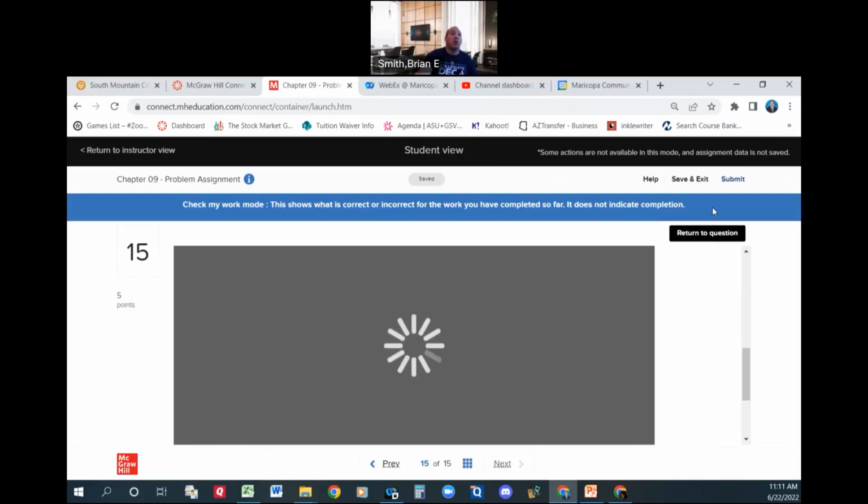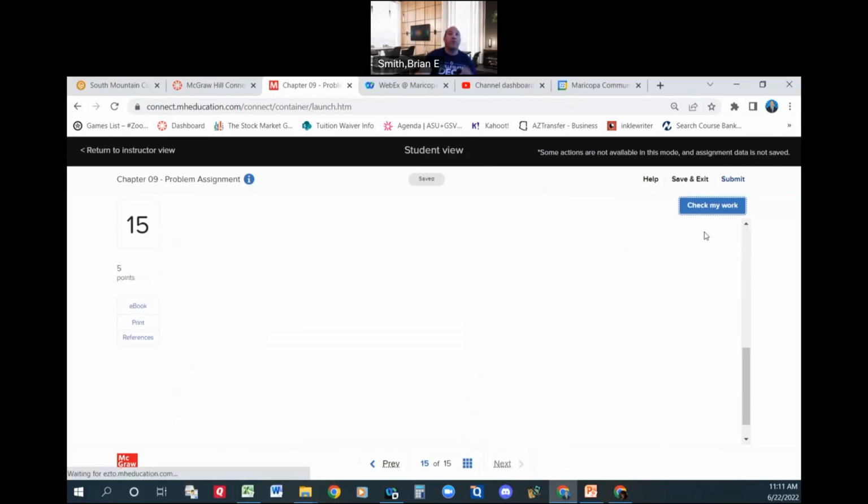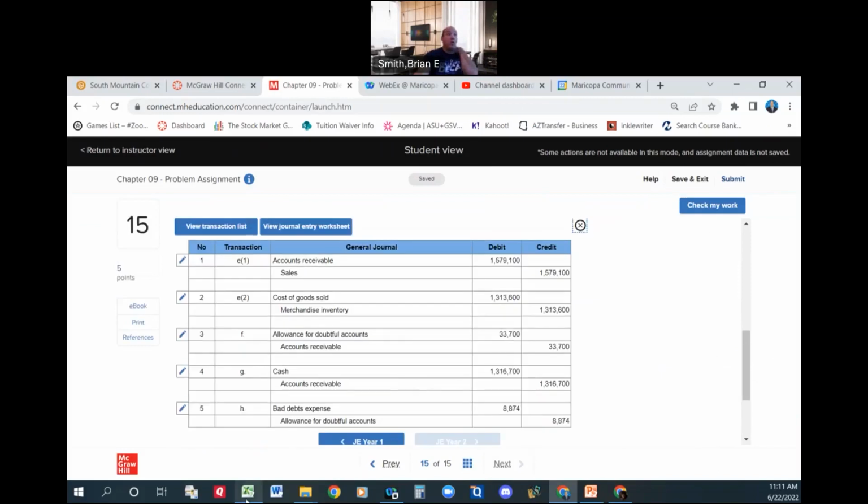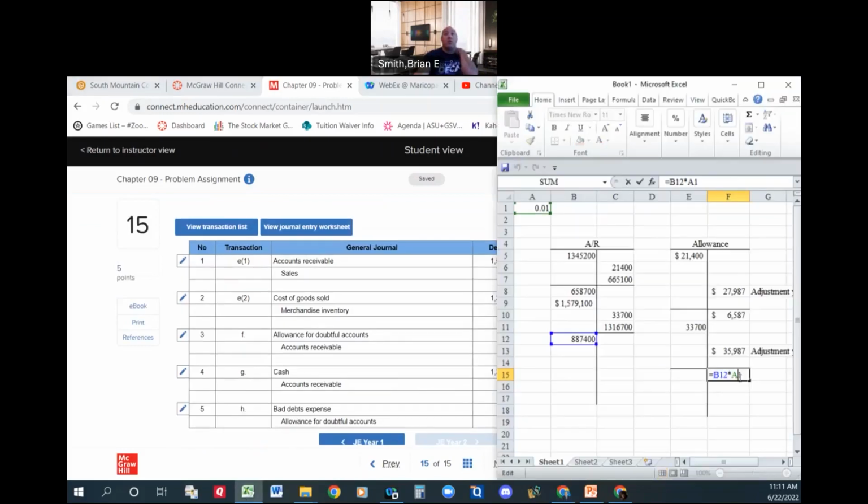Let's check our work. Oh, my number went off. Let's find out what went wrong with my model. What did my model do that we did not want it to do? Okay, that's what we needed. We want this to subtract it. We wanted our model to take this number, and we needed to add this number and subtract this number.